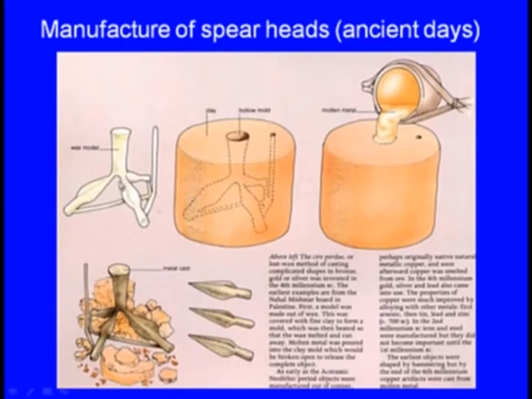Initially they made the wax models of the 3 spearheads and joined them, and in between at the center there is a tree, and they joined again, and here we can see a projection. So, this is a wax model. After making the wax model, they compacted the sand around this wax model.